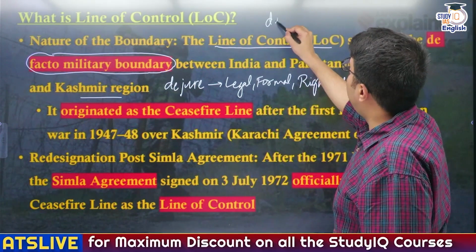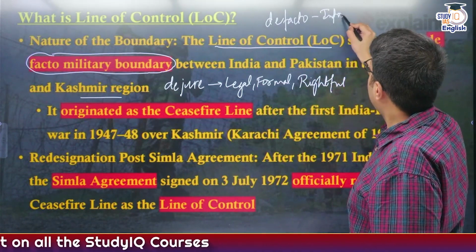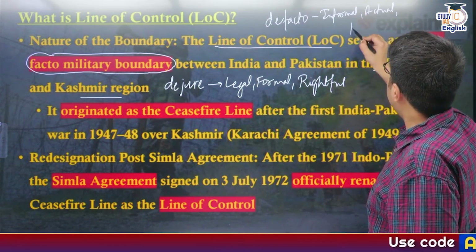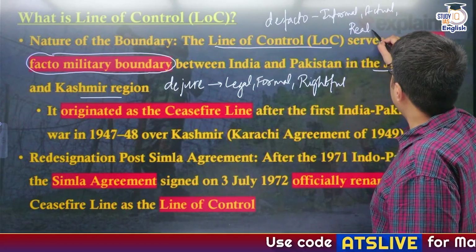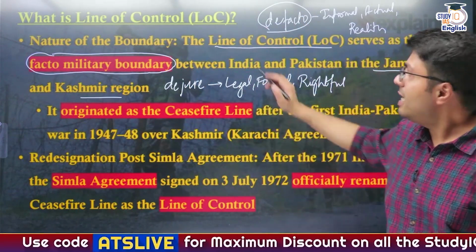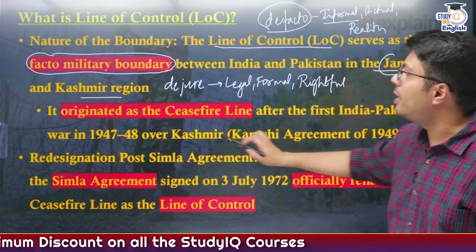Whereas the word de facto means informal, it means actual, and it means what is there in reality, right? So this LoC is an informal boundary between India and Pakistan in the parts of Jammu and Kashmir.